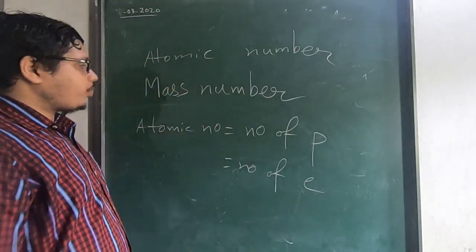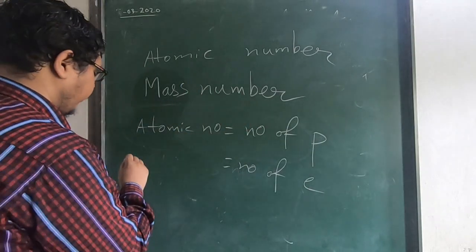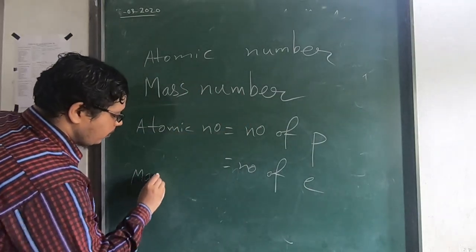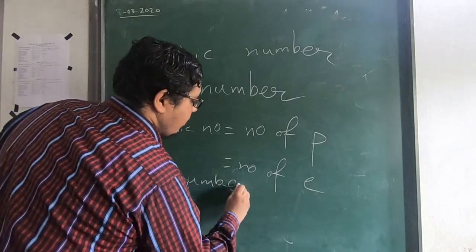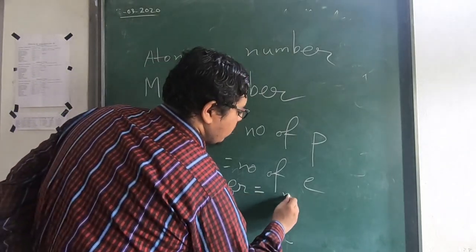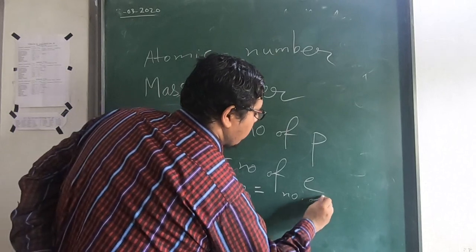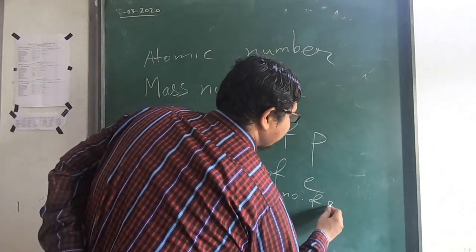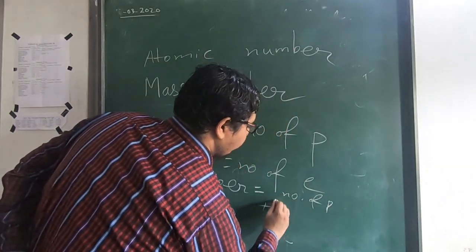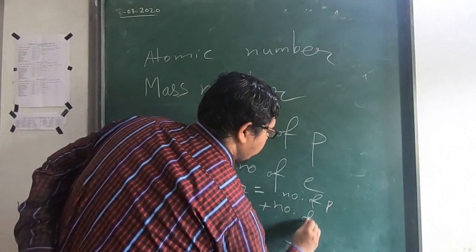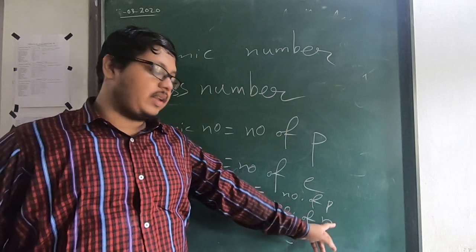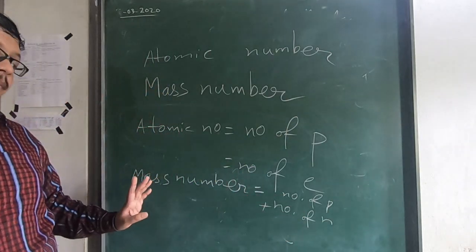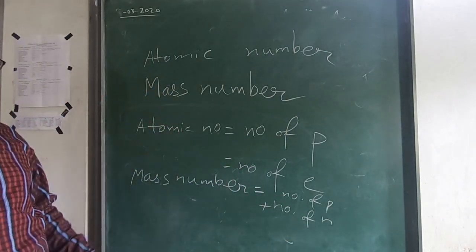Okay? Now, mass number is the number of protons plus number of neutrons. So this we have to remember very carefully.